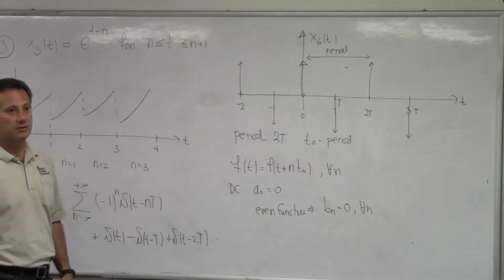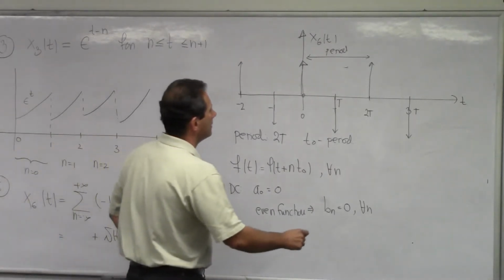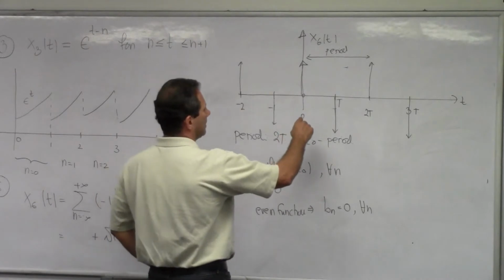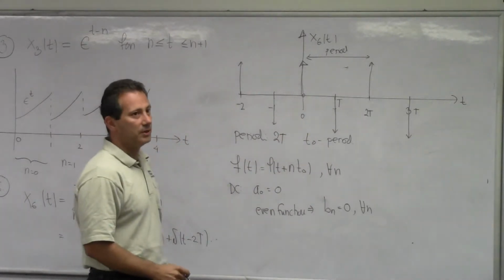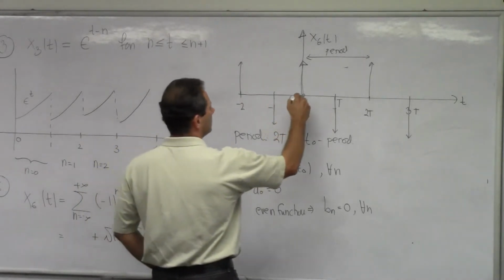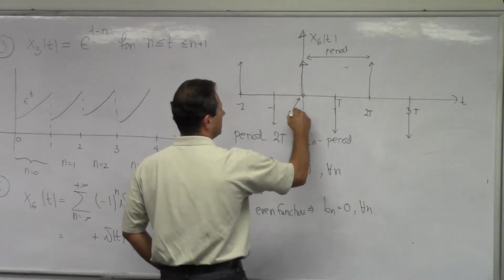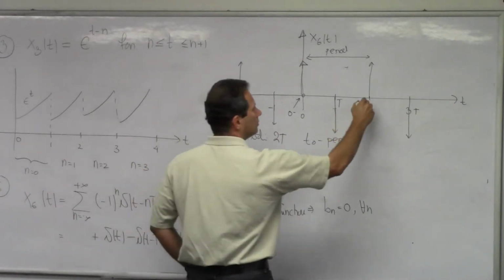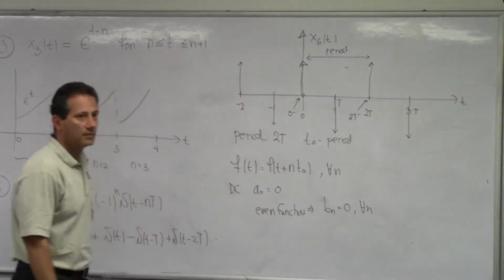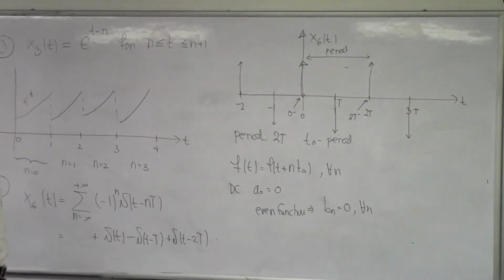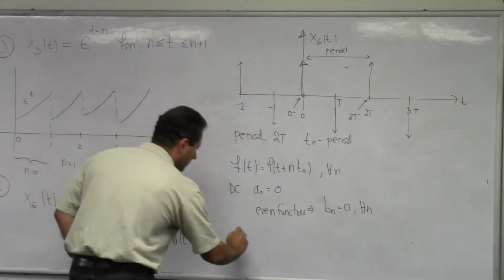So let's just calculate it. It's going to be really quick. I'm going to integrate over one period, from 0 minus, right before this 0, to 2T minus, right here, to capture what is happening. So let's write it.